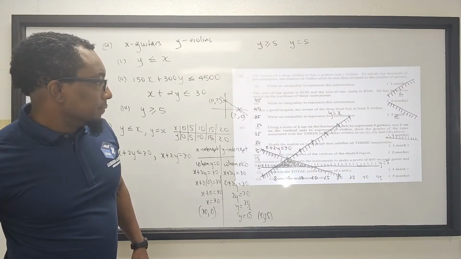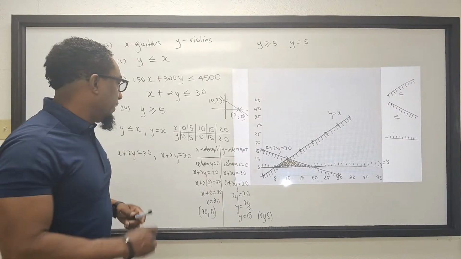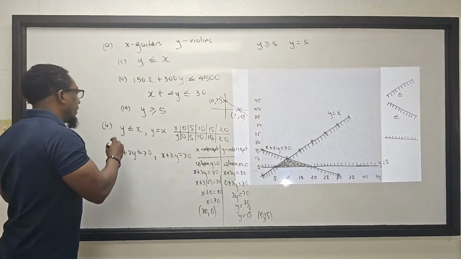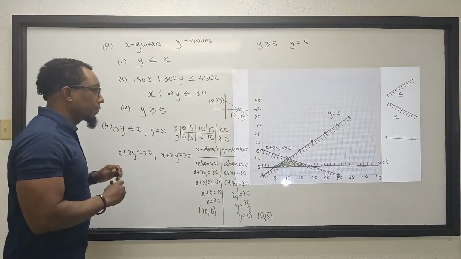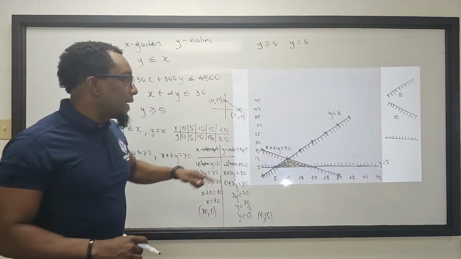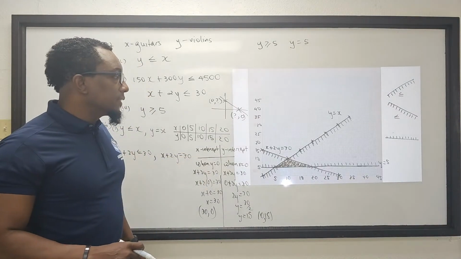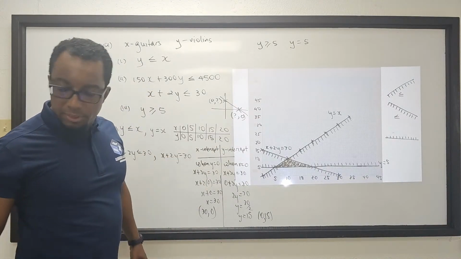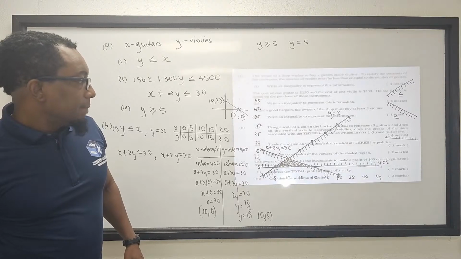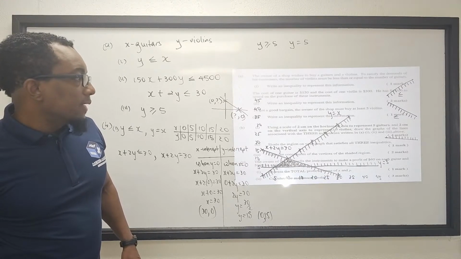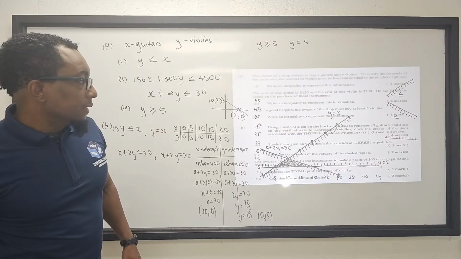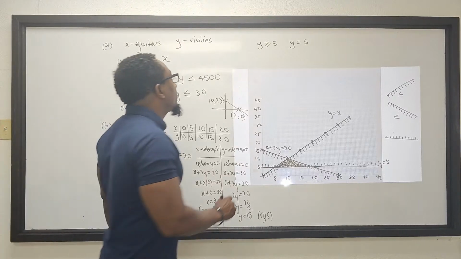This is B part 1. B part 2, we have shaded the satisfied region. And then B part 3, state the coordinates of the vertices of the shaded region.